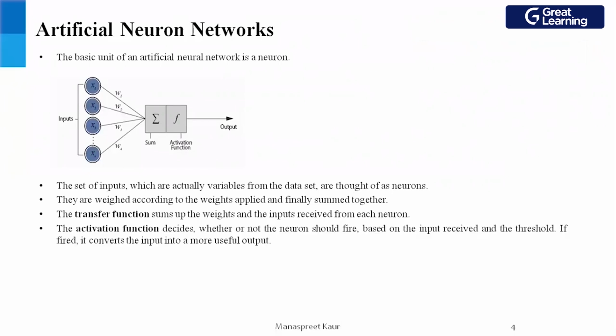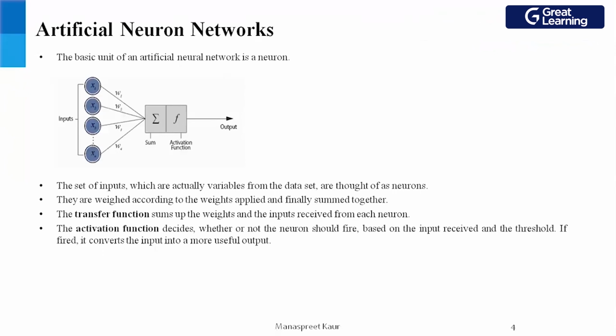The next step is to go to the activation function, which will decide whether or not a neuron will fire. This is similar to the biological neural network, wherein with the threshold, we decide whether or not the information should be sent to the next layer. Whatever sum you get using the transfer function, you compare it to the threshold. If it exceeds the threshold, the activation function decides to fire.